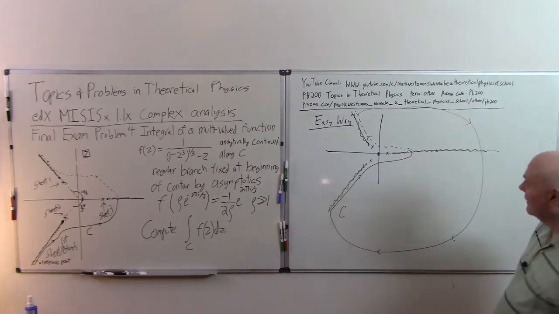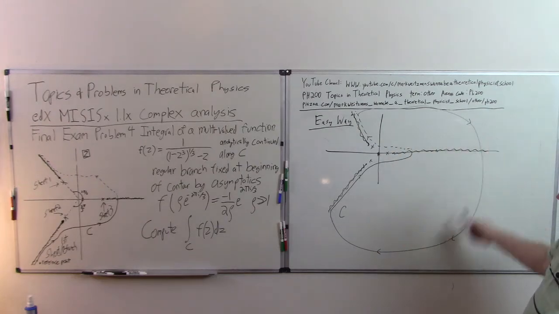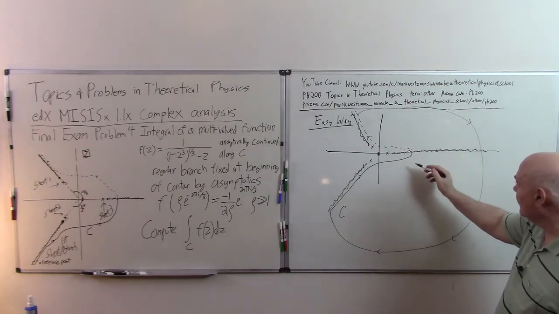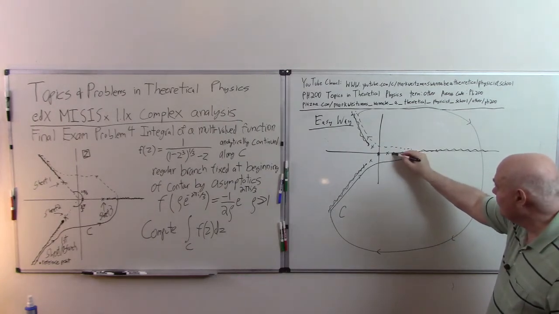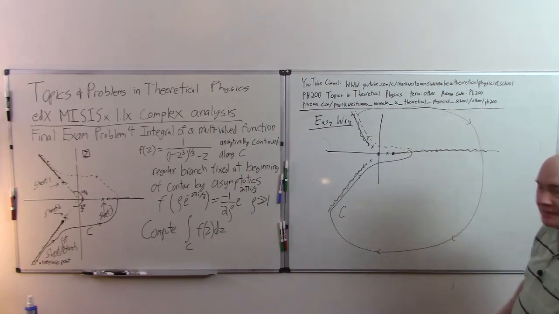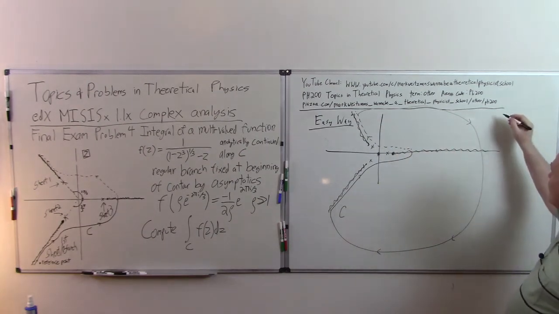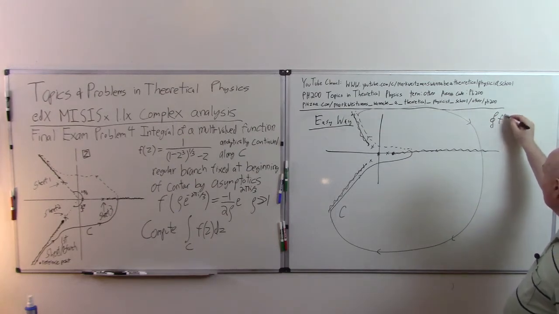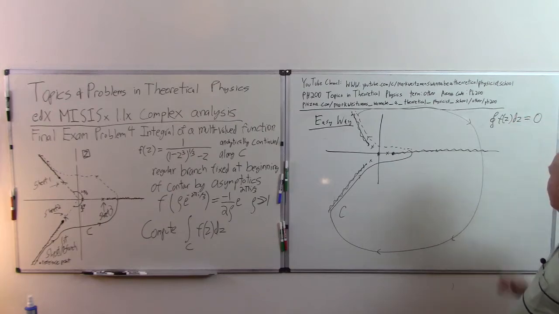Okay. Let's evaluate the integral of this function on this contour. Well, there are no branch points. You know, the branch point is over here. So there are no branch points in here and there are no poles in here. So the integral around the whole circle contour is equal to 0.